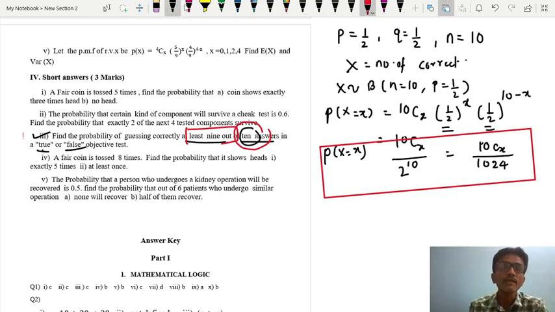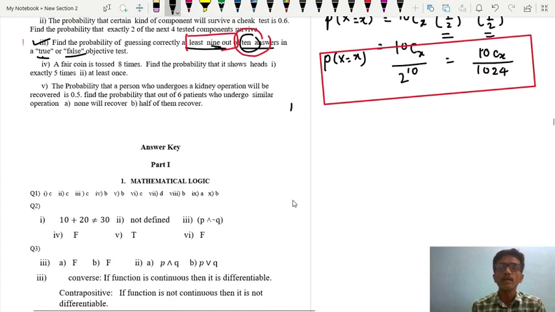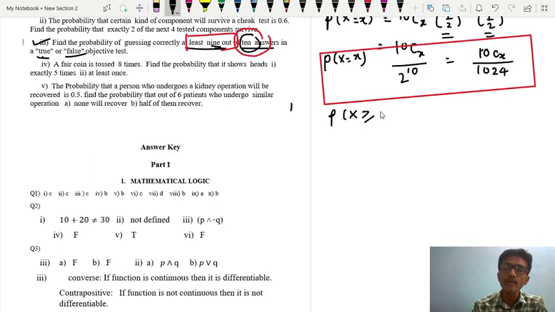Now what to find here? Our required answer is at least 9 out of 10. That means we require the probability of at least 9, greater than or equal to 9.